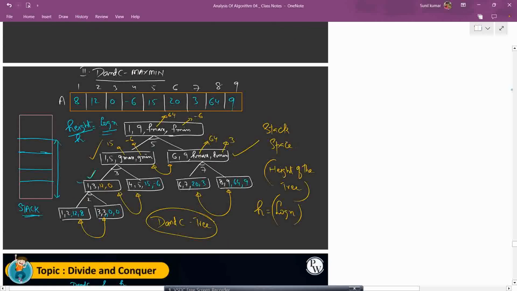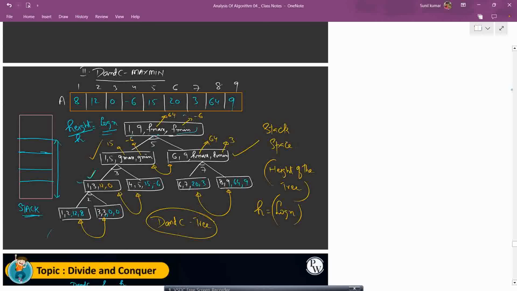So if we apply divide and conquer on this, in which order of time can we solve this question? Let's start. This is our array. This is a stack here: 1 to n, finding max and min. We give the indexes only.